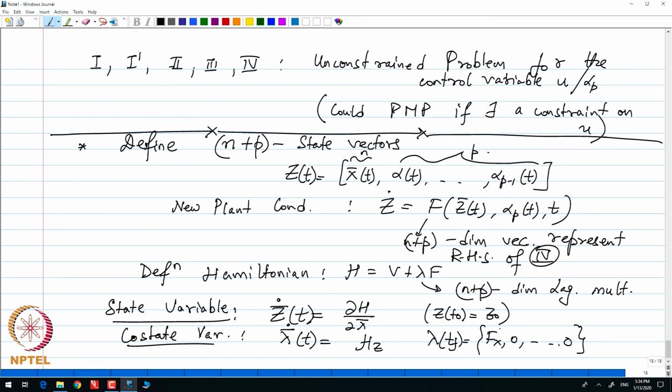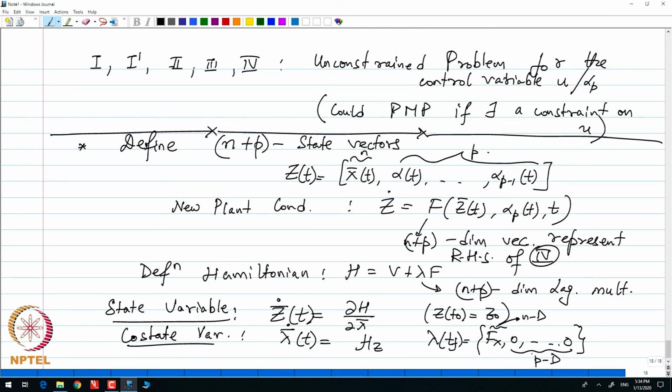So, my f x is an n dimensional problem, and notice that only the first n components of lambda will be non-zero, the rest are all set equal to 0, the p values, right.